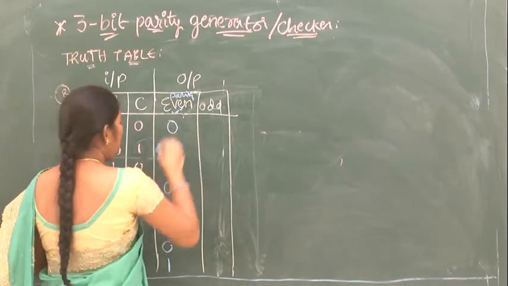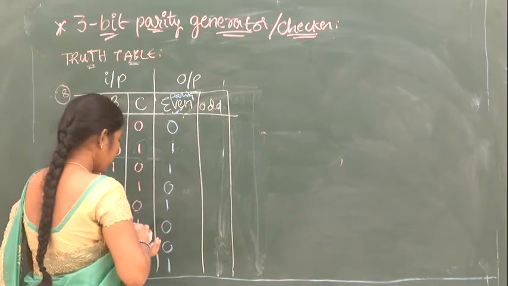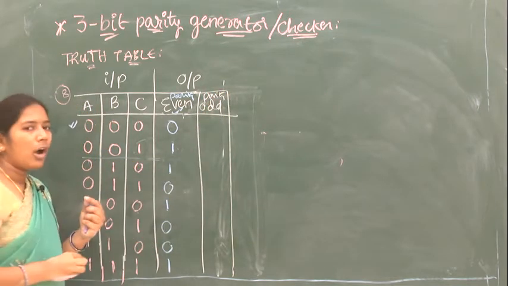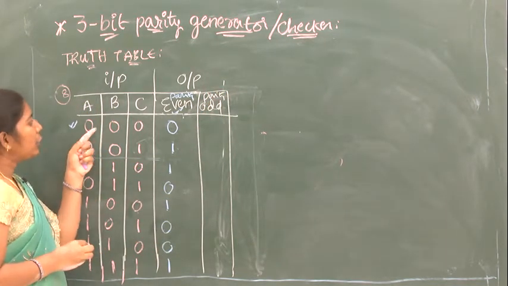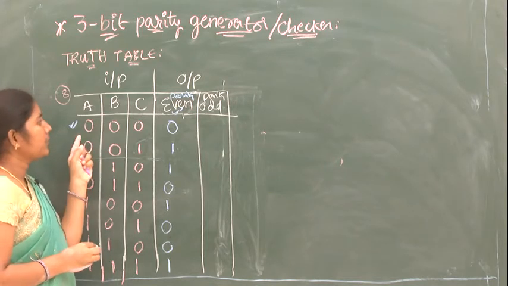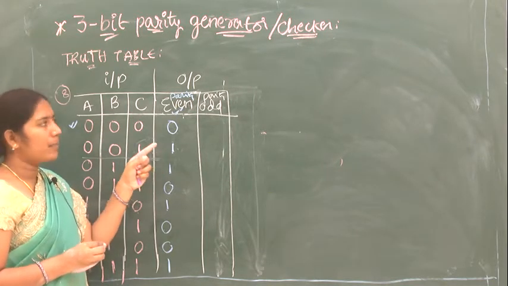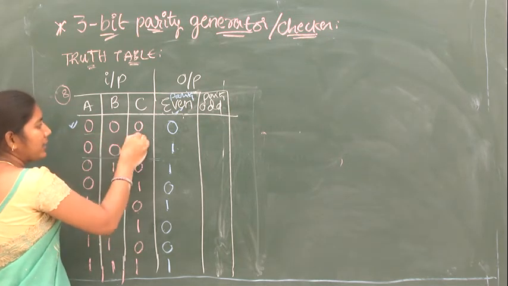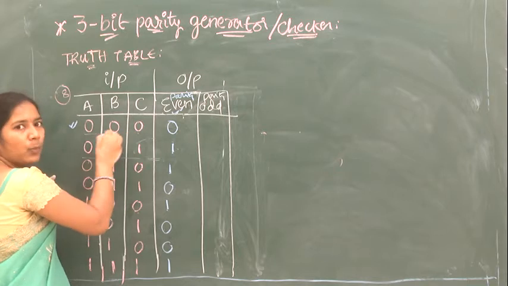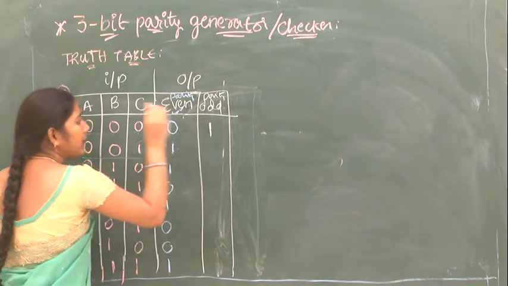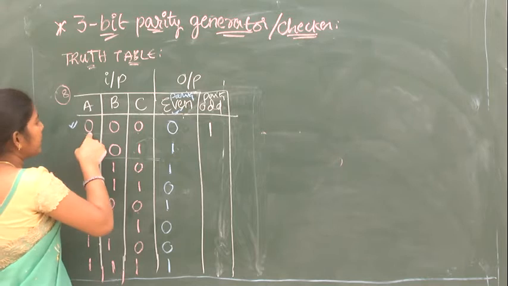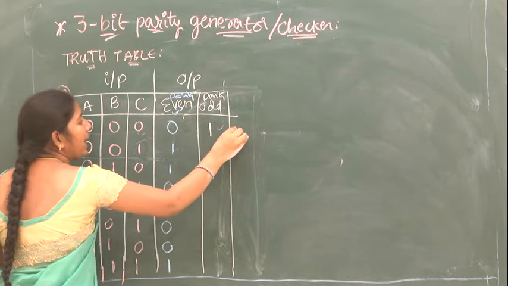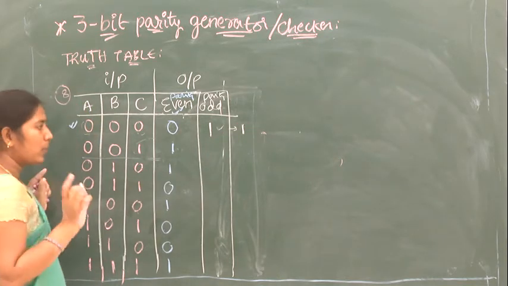Now I will generate the odd parity bit. Odd parity is nothing but the total number of ones including parity must be odd. Just see, in this information we don't have any ones, so I will put 1 here. Now in this information, including the odd parity bit, we have an odd number of ones, that is 1.